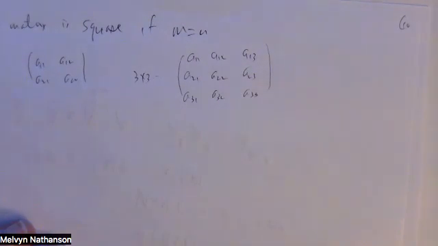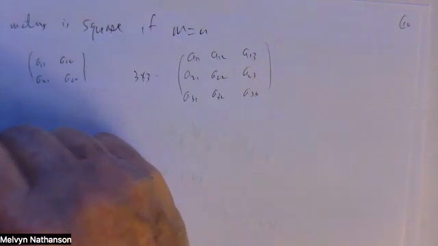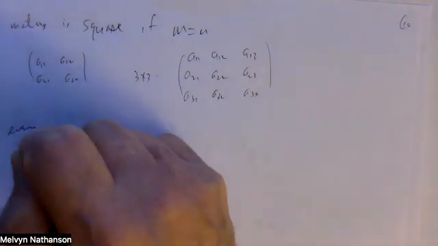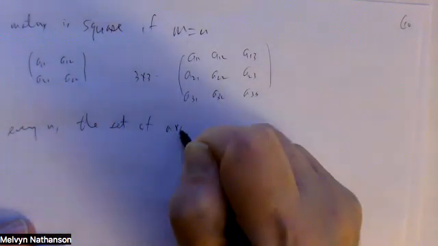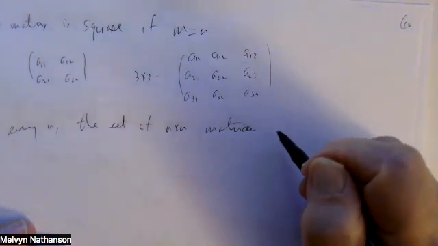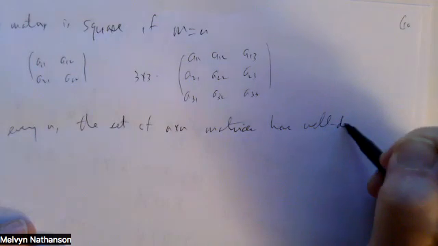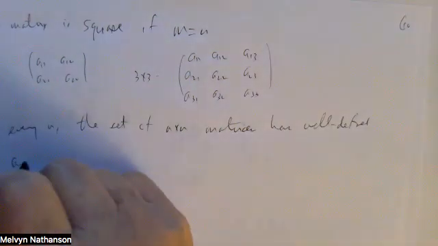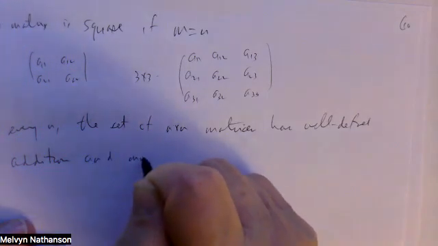And you can always multiply a 2 by 2 by a 2 by 2 matrix, or a 3 by 3 by a 3 by 3 matrix. And for every n, the set of n by n matrices has well-defined addition and multiplication.